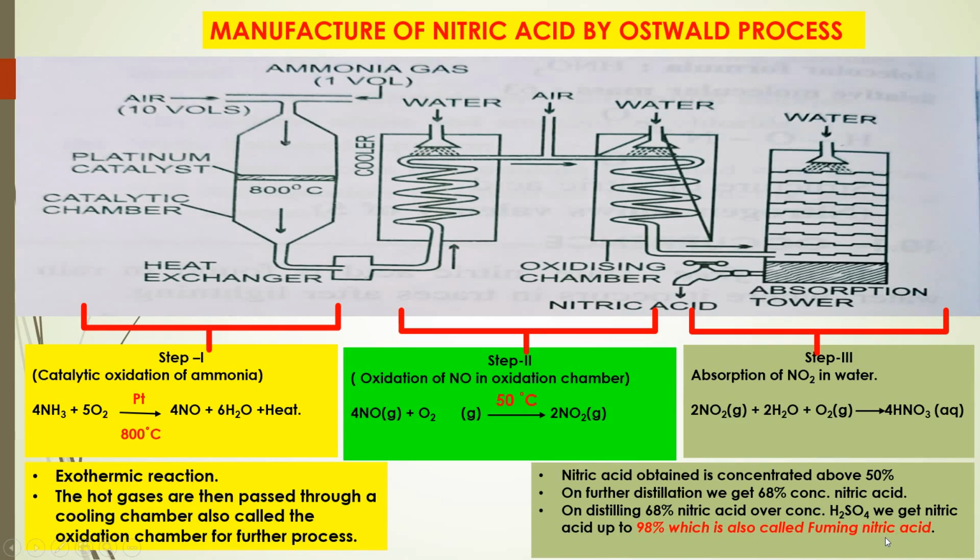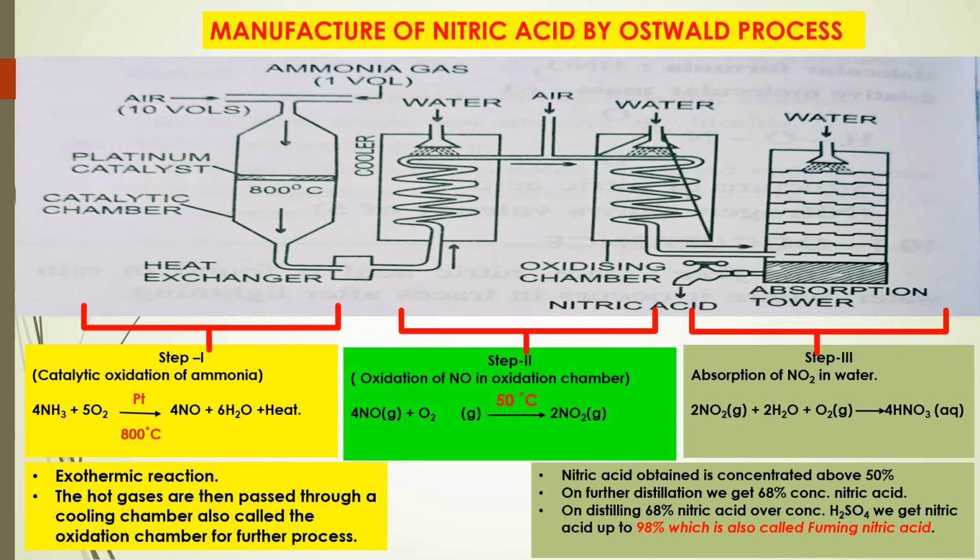The nitric acid obtained after step 3 is 50% concentrated, which can be further increased up to 68% by the distillation process. We cannot increase the concentration of nitric acid beyond 68% by distilling aqueous nitric acid solution, due to the fact that it produces a constant boiling mixture at around 121 degrees Celsius.